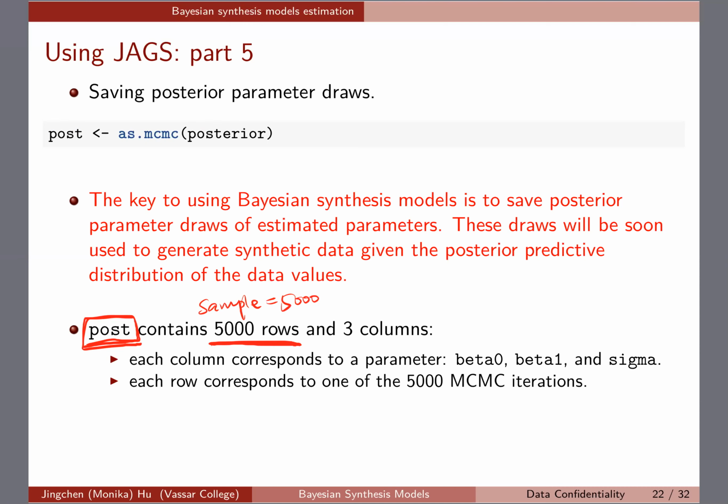I did thin of 50, but it just ran that long and then saved every 50 draws. It's going to have 3 columns because each column corresponds to your parameters, because I monitor beta 0, beta 1, and sigma. And then each row corresponds to one of the 5,000 MCMC iterations. So this post is what we're going to use soon to generate a synthetic data set if I'm going to use this model overall to do this.